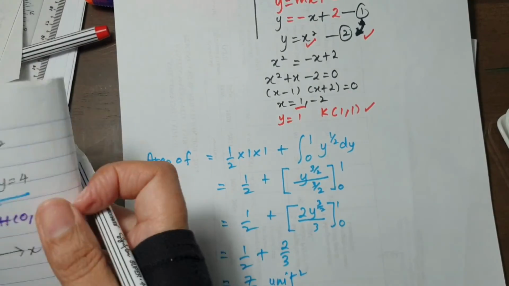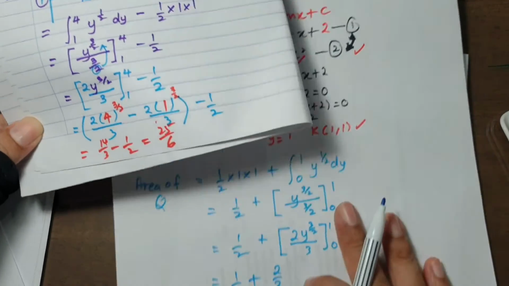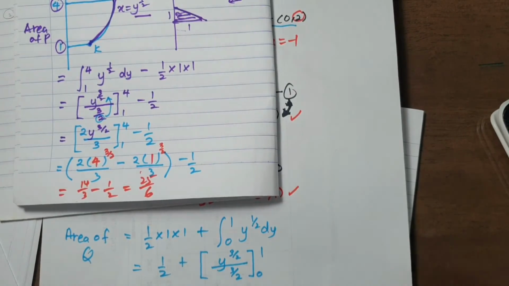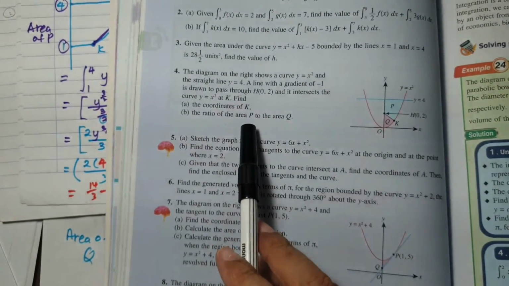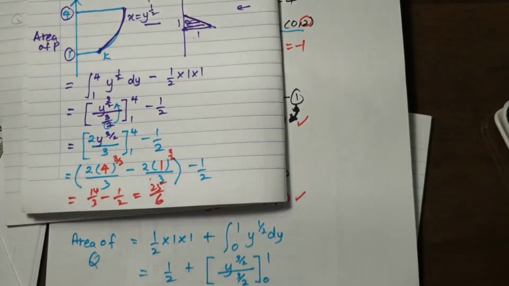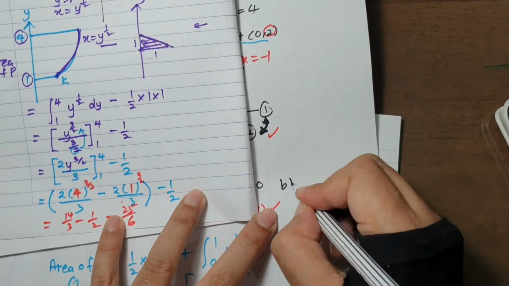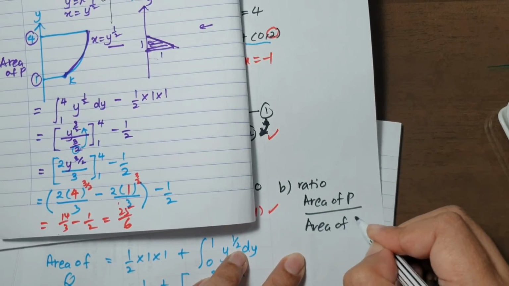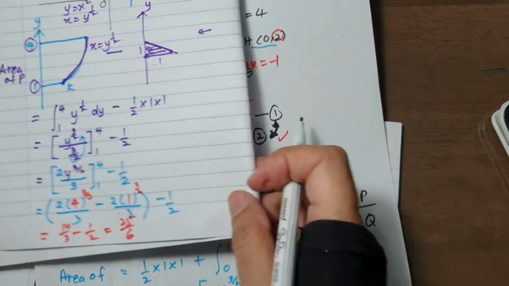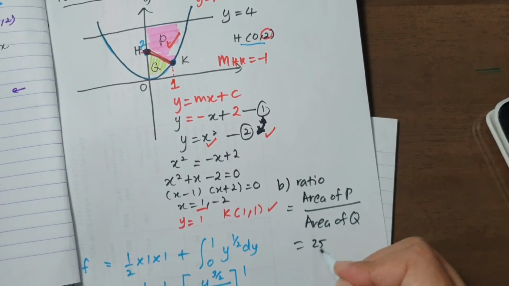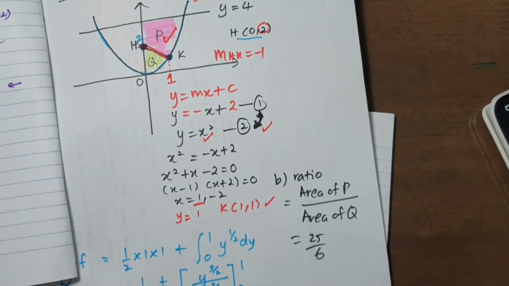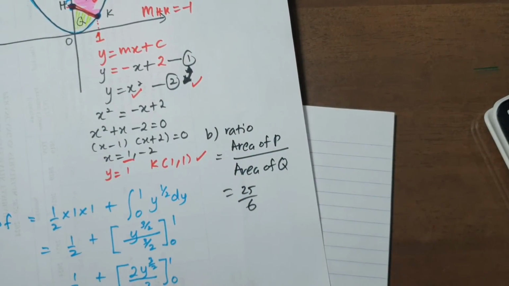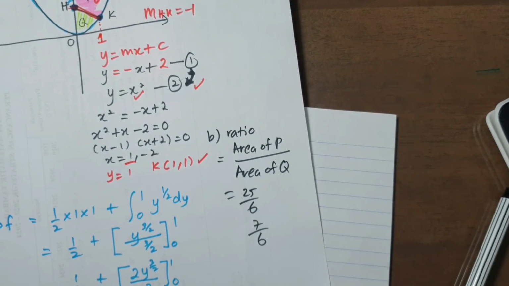Area of P we get 25 over 6, right? So the ratio for question B, the question B asks you to find the ratio of the area of P to the area of Q. Area of P we get this one, 25/6, and then area of Q, 7/6, over this one, ratio.